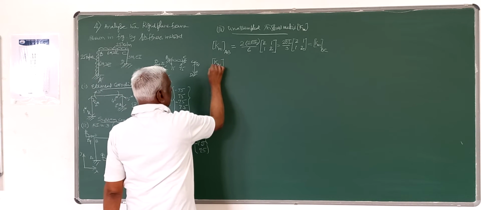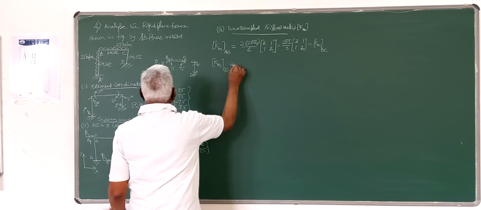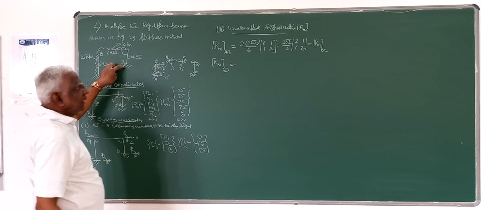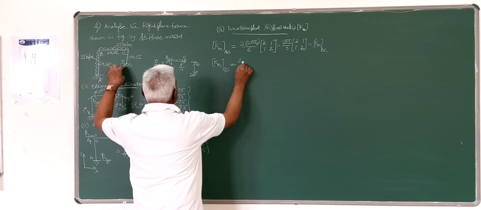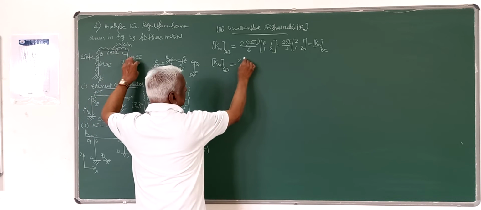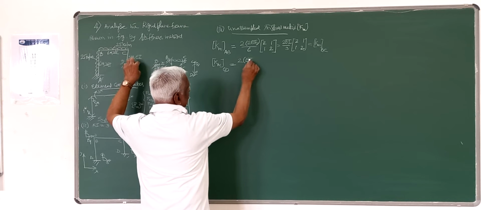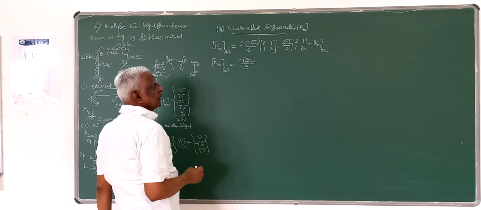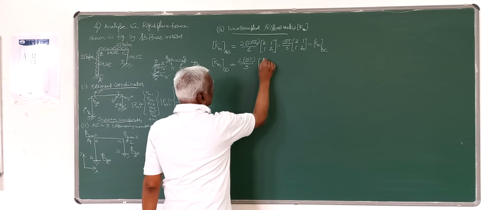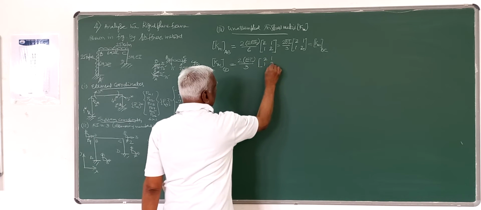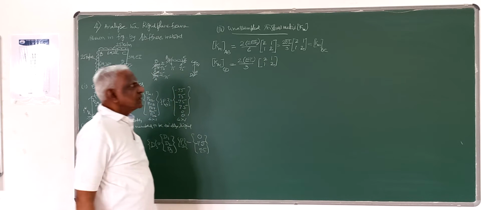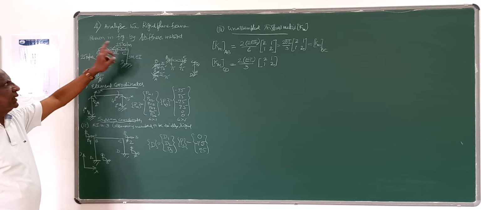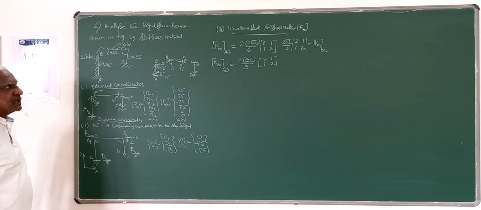Then you can take CD, that is for this member, also 2EI by L. So 2 into EI is EI here. It is not 2EI, it is EI divided by L, which is 3 meters. 2EI by 3, 2, 1, 1, 2. So these are the stiffness matrices for members AB, BC and CD.